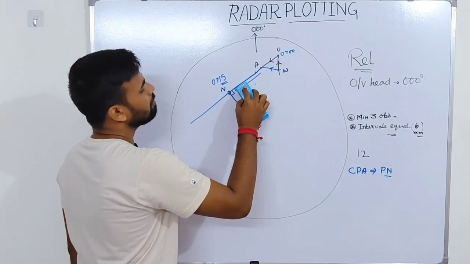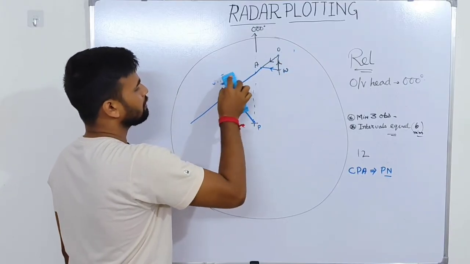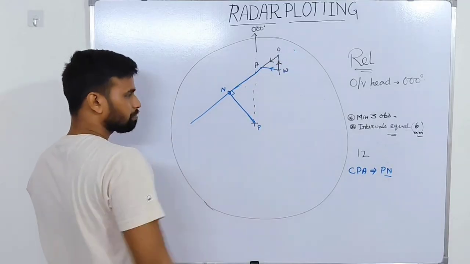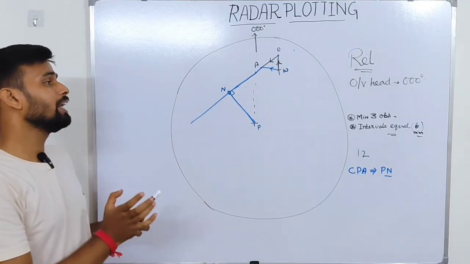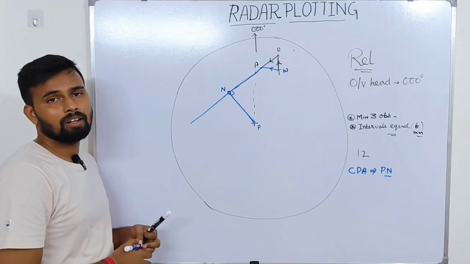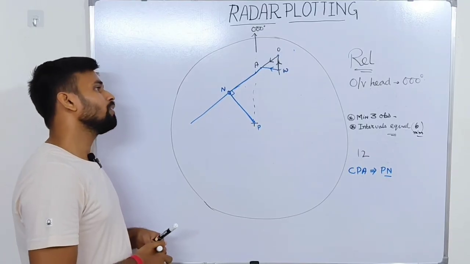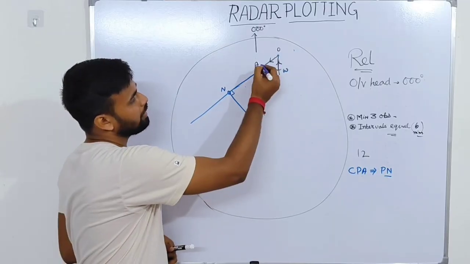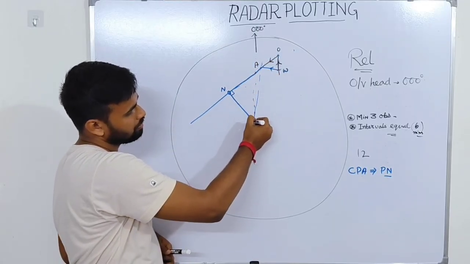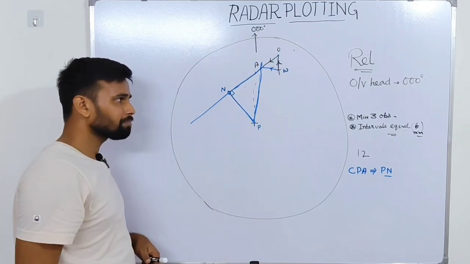Now we are moving to the final part, that is the aspect of the vessel. How to find the aspect of the vessel? What is the aspect? It is how the own vessel is being seen from the target vessel. For that we need the bearing. This is the bearing from our own vessel, right?